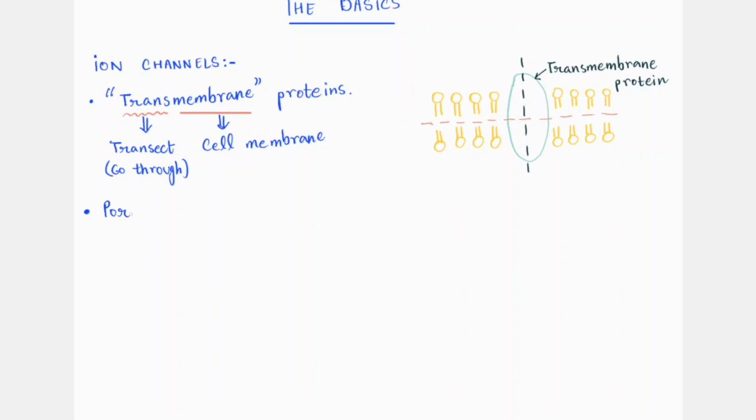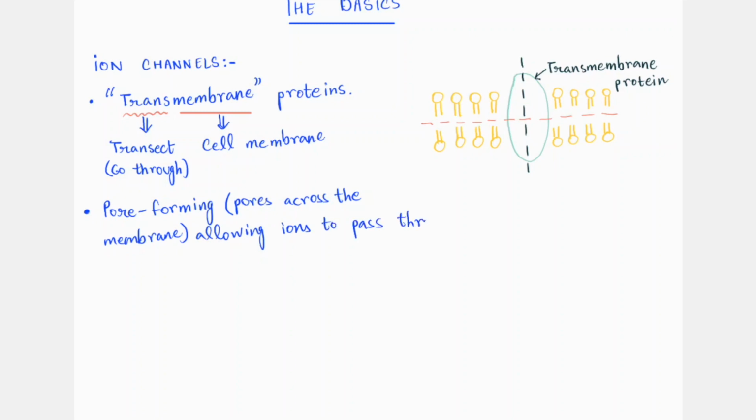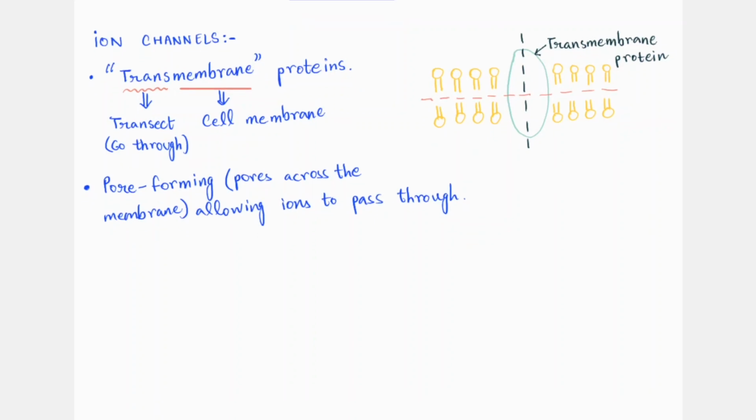They form pores across the membrane, allowing ions to pass through. Now, ions, as we know, are polar, and they are hydrophilic as such. And the phospholipid bilayer, if you remember, is hydrophobic.